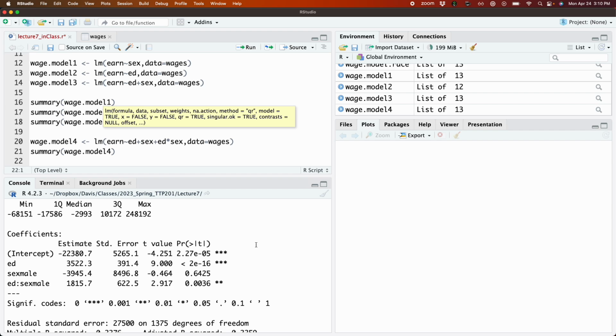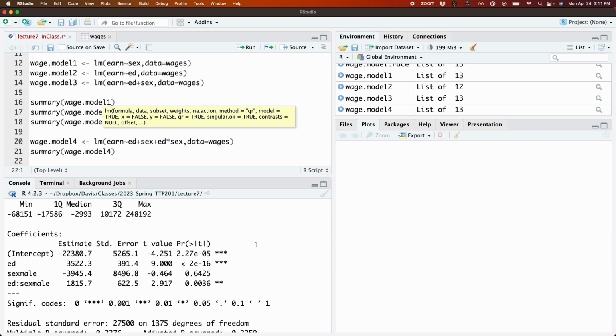They would not necessarily be statistically different. So I noticed that when you include the interaction term, the statistical significance of the sex male variable disappears compared to what we saw before.